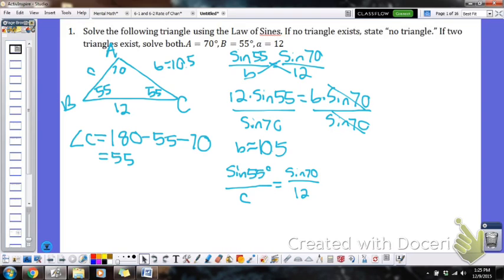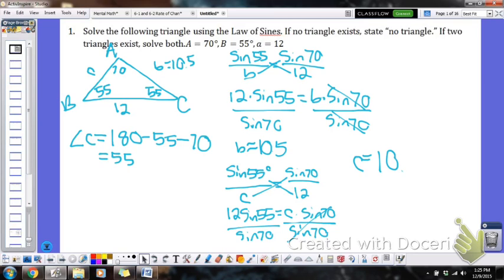And again, to solve for c, I will cross multiply, and I will get 12 times the sine of 55, and that'll be equal to c times the sine of 70. Again, divide both sides by the sine of 70. The sine of 70's cancel out, and I'm left with 12 times the sine of 55 over the sine of 70, and I will again get c is approximately equal to 10.5.